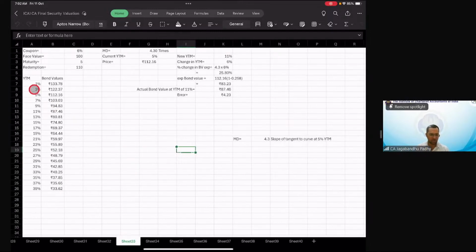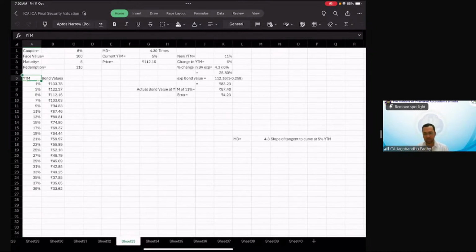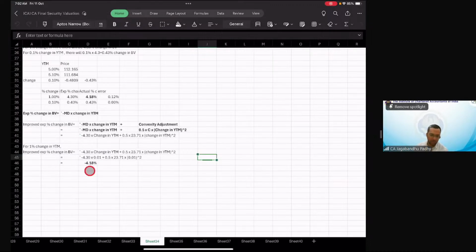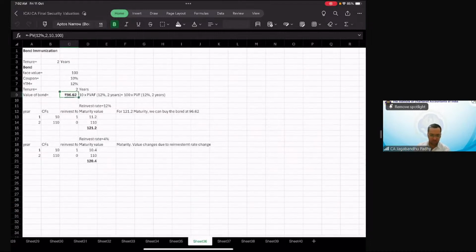And we actually created a chart where the YTM and bond values are plotted, and we found that there was a curvature, whereas modified duration was looking at it as a single line. Okay, so then we added that convexity effect, and we were good enough to match the actual change in the YTM.